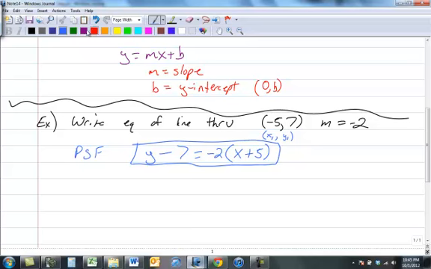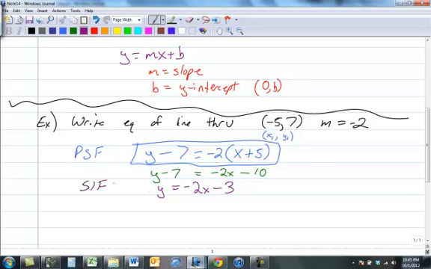You're going to distribute. So, you got y minus 7 equals -2x minus 10. Then get y by itself. Y equals -2x, add 7 to the side, you get minus 3.